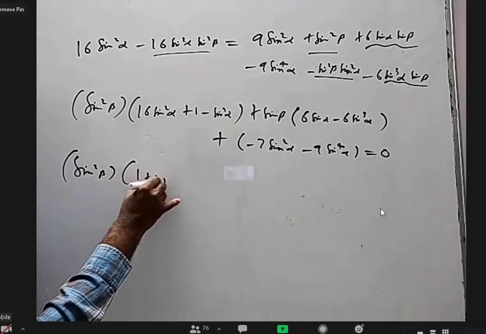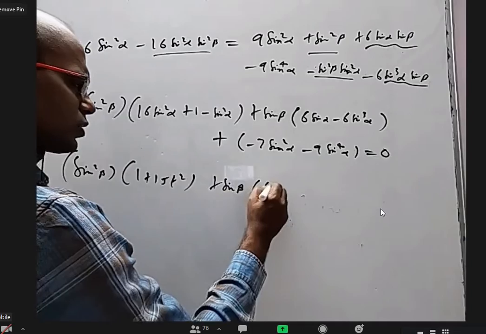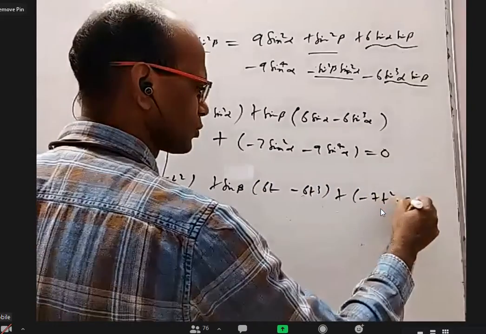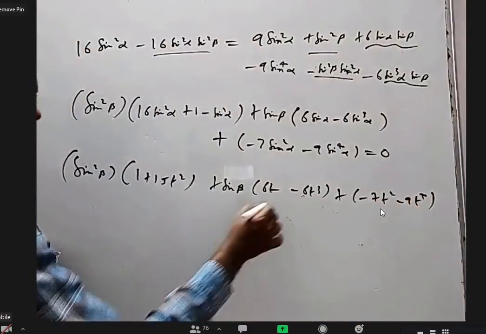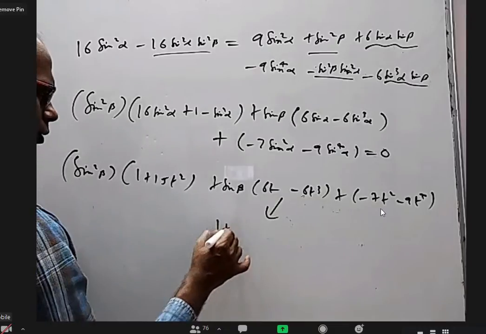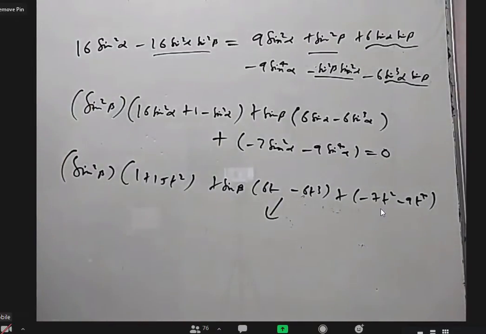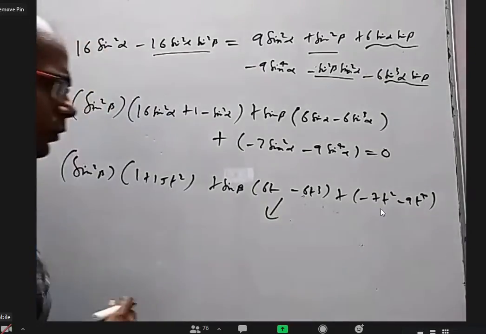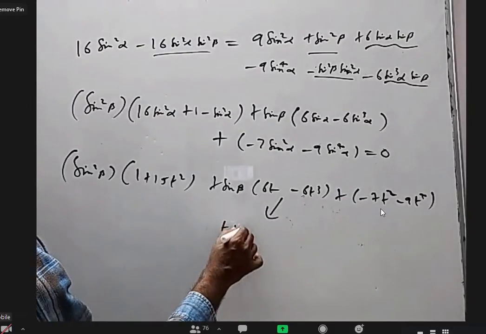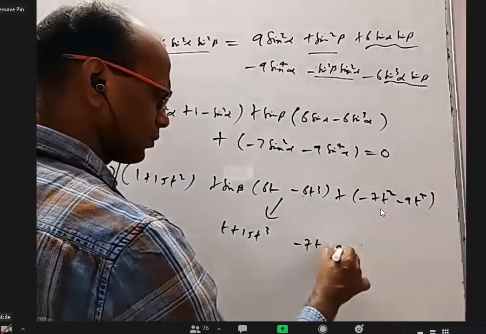This is 1 plus 15 t square. This is sine beta, 6t minus 6t cube. This is minus 7t square minus 9t power 4. This I am trying to write as that, I want to split this by multiplying t. So t plus 15 t cube and minus 7t minus 9t cube.